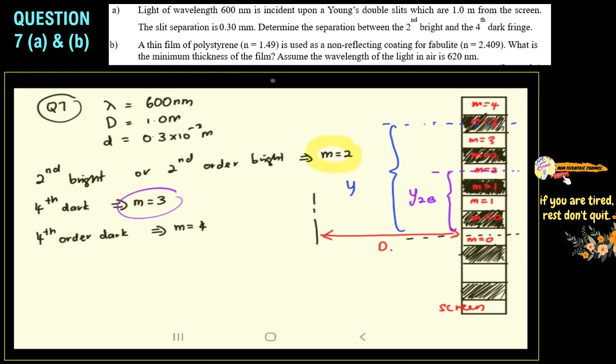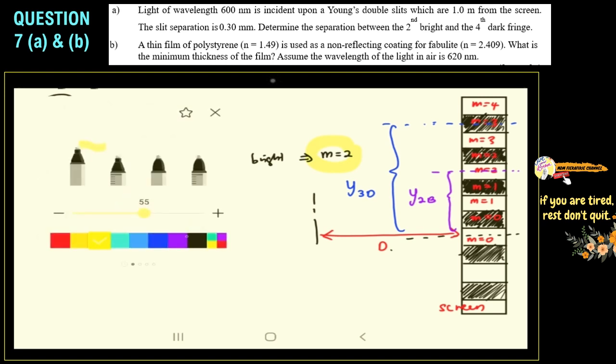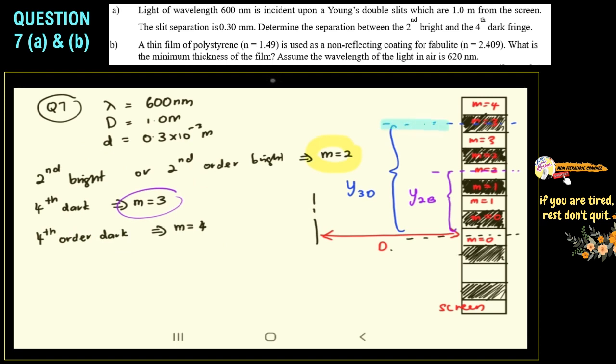So this is Y, third order dark, the fourth dark but the third order. The question asks us to find the separation between the second bright and the fourth dark, so this is the distance we want to find.